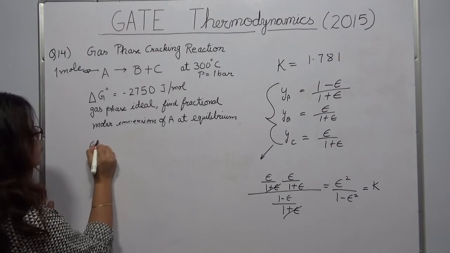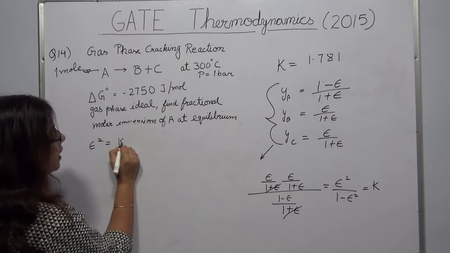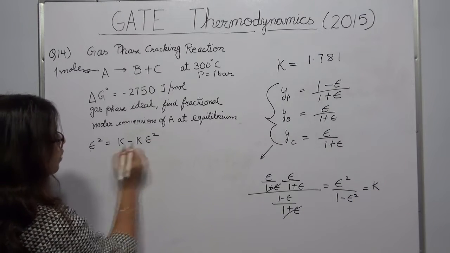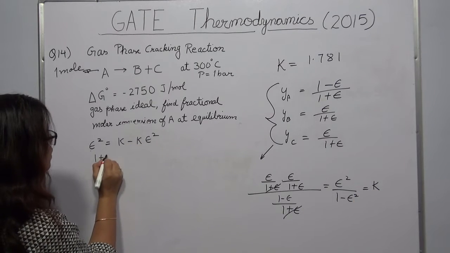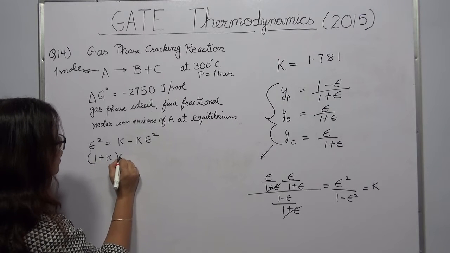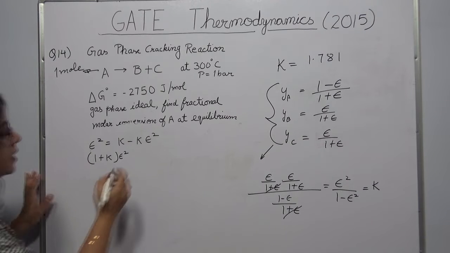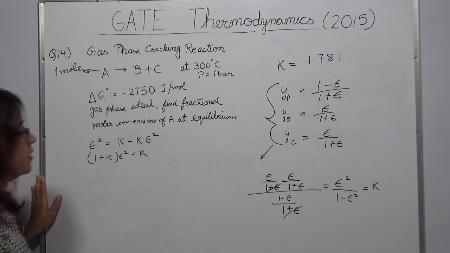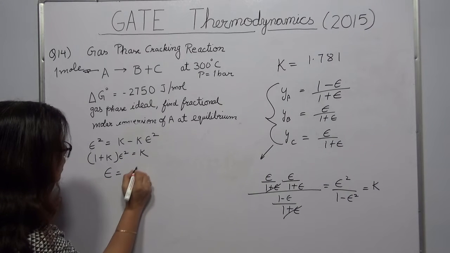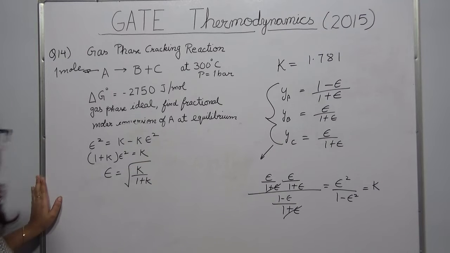So you have epsilon square is equal to, I will take it over here, k minus k epsilon square, or if I bring it over here epsilon square and take the coefficients in the bracket, then I have this thing. So what is epsilon? That is k upon 1 plus k, the whole thing under root.